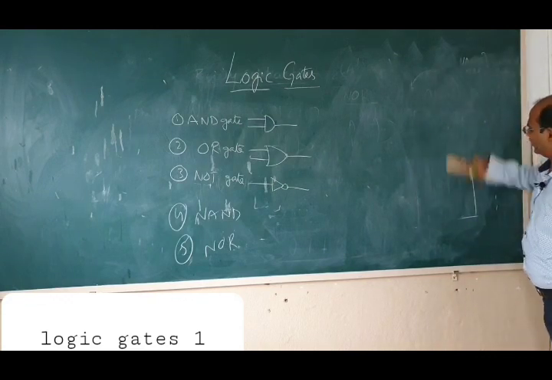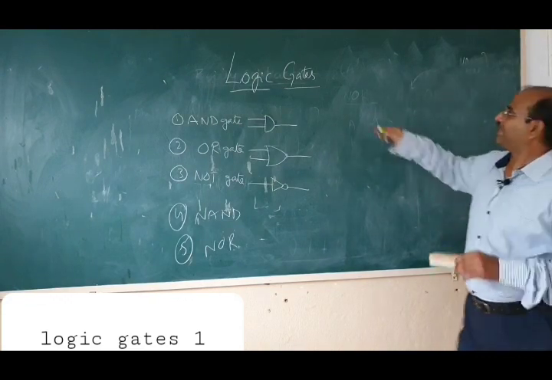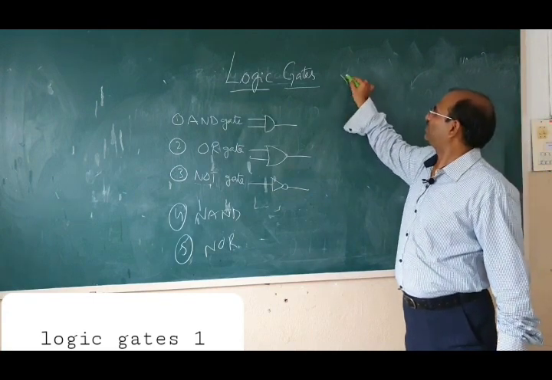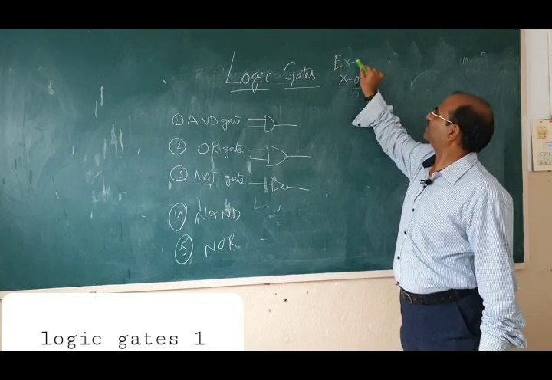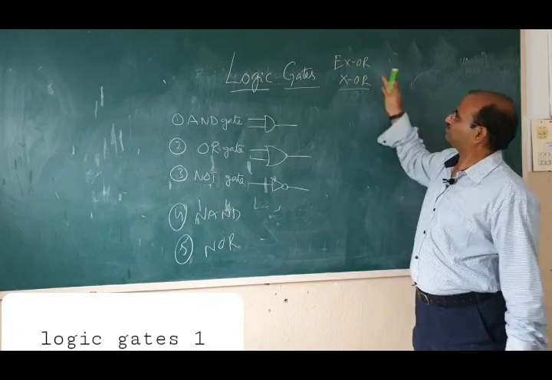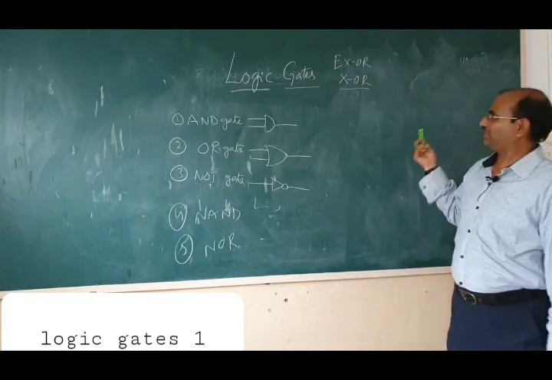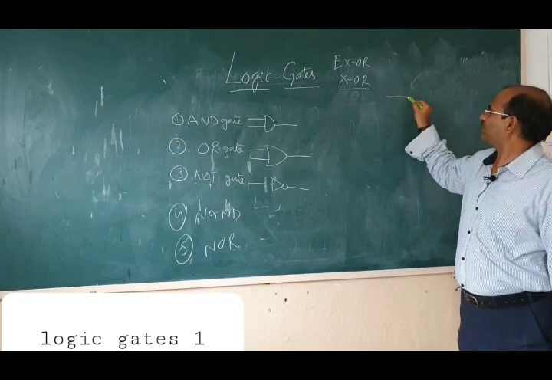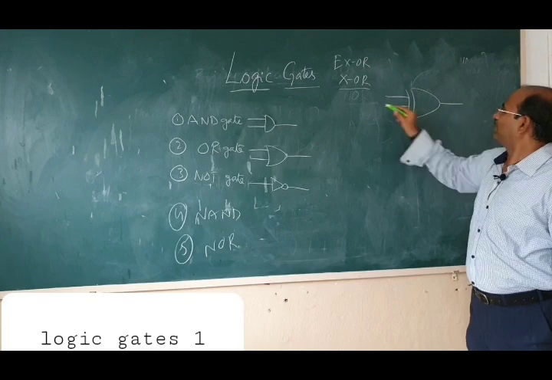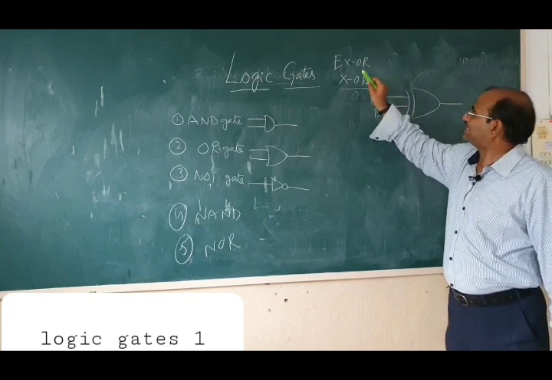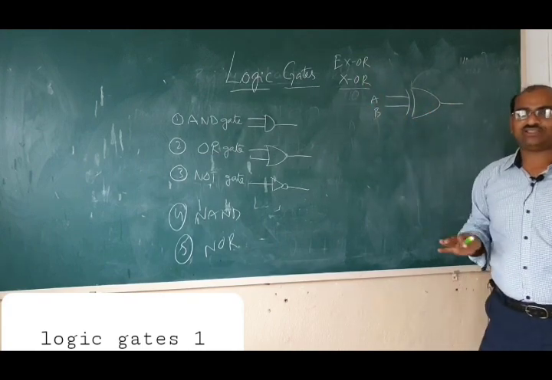So next, the 6th gate, we call this the XOR gate. Some write it like this, some write it like this; as you wish you can write. XOR gate is exclusively OR logic.